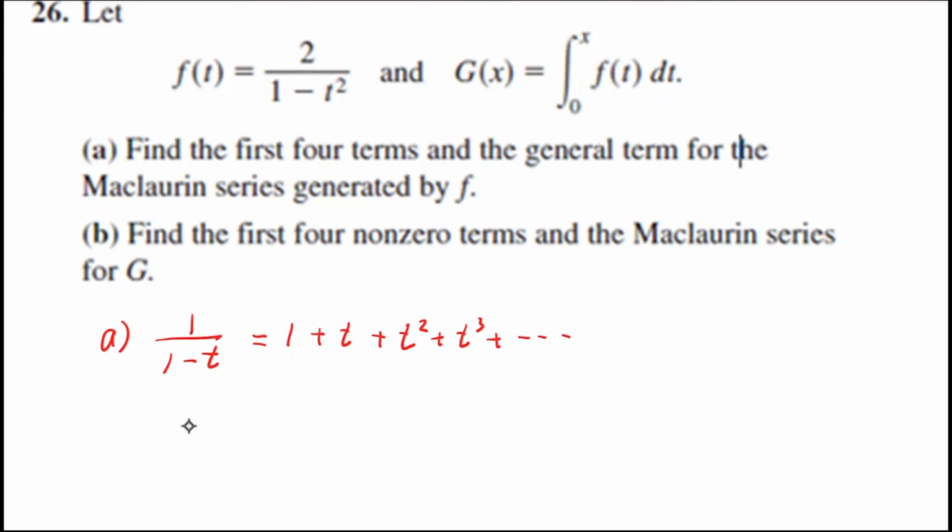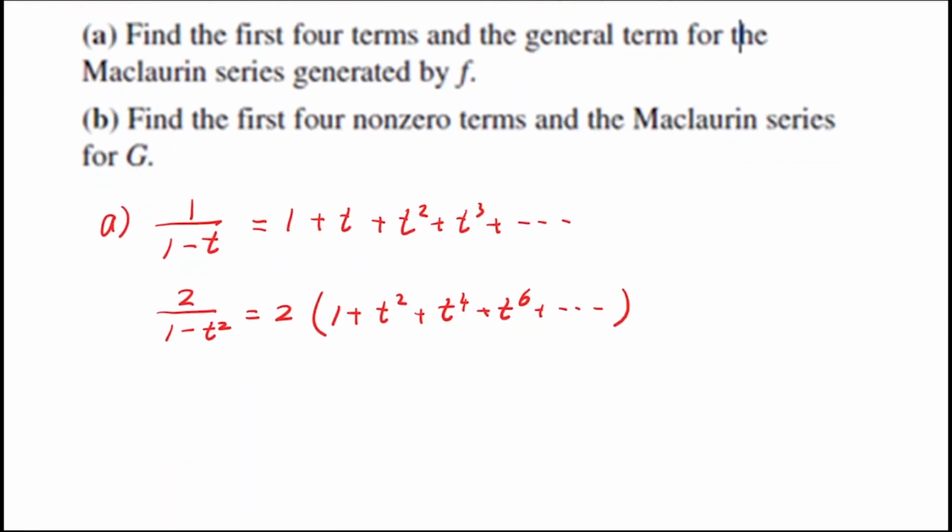Now replace t with t squared and multiply by 2. So we would have 2 out here, and then 1 plus, every t becomes t squared. Like that, eh? Say yes. Now integrate.